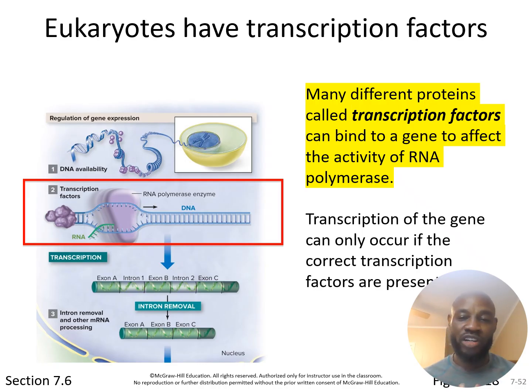Transcription of the gene can only occur if the correct transcription factors are present. So these transcription factors give us the ability to take that DNA and copy it into mRNA, messenger RNA.